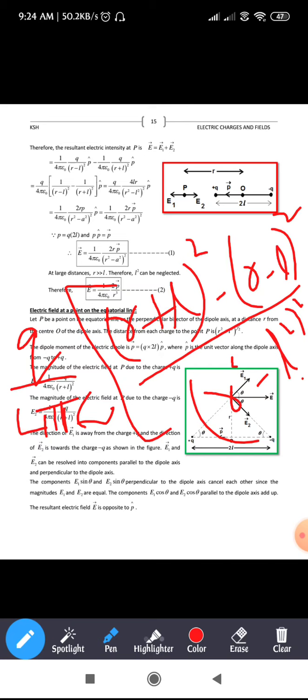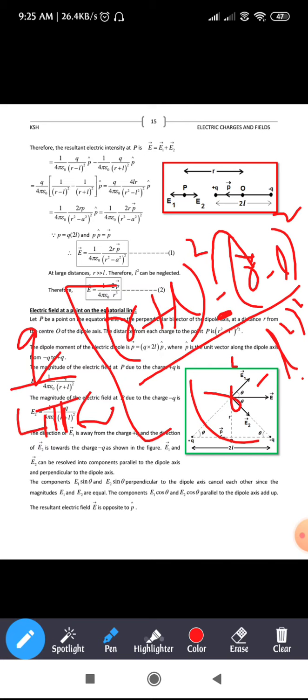Next you have a negative sign. For (r minus l) whole square, in the form of (a minus b) whole square, it comes out to be r square plus l square minus 2ab. When you multiply that negative sign through, it comes out to be minus r square minus l square plus 2rl. So what happens?